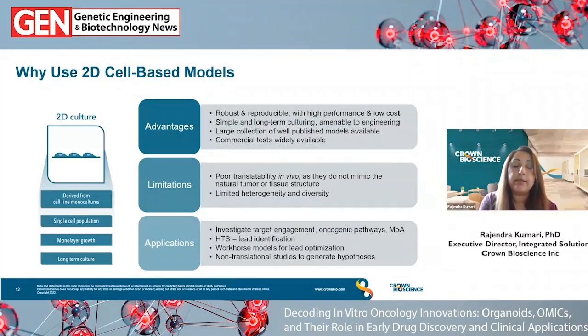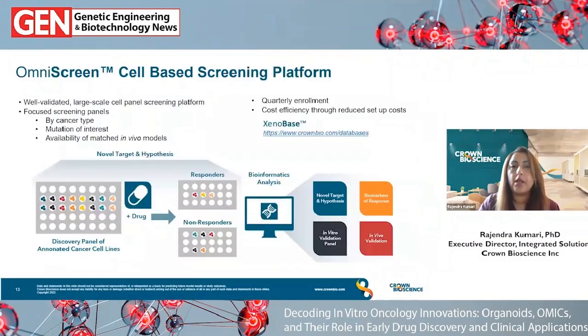They can be easily manipulated by engineering, so they can express specific mutations or knockouts, and also be used to develop more complex in vivo models through this engineering. They also can be used to generate hypotheses like biomarker identification, but this will then need to be qualified in more translatable systems.